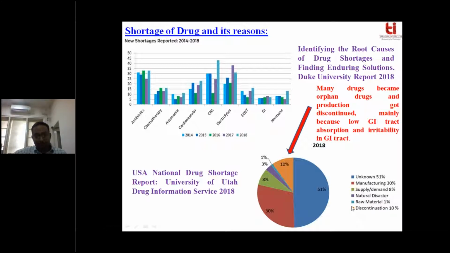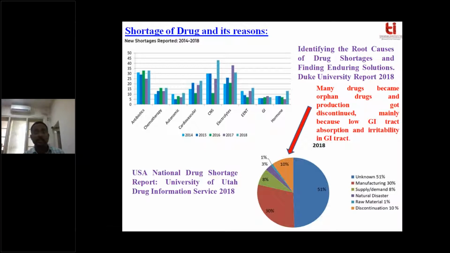But one of the problems is that 10% of our drugs got discontinued because they have a low GI tract absorption rate. When you apply those drugs through some other route, it causes a lot of problems, like anaphylactic shock, or it needs a metabolic effect before it can act, so it doesn't go through that metabolism.